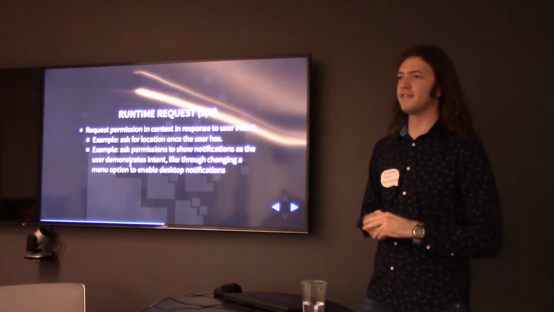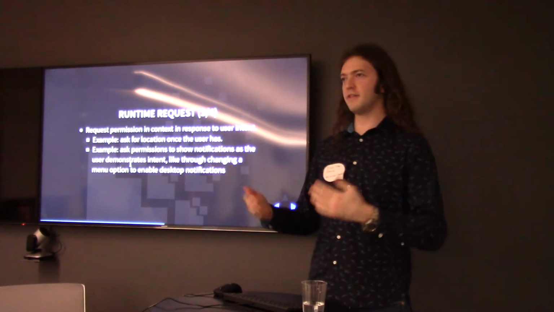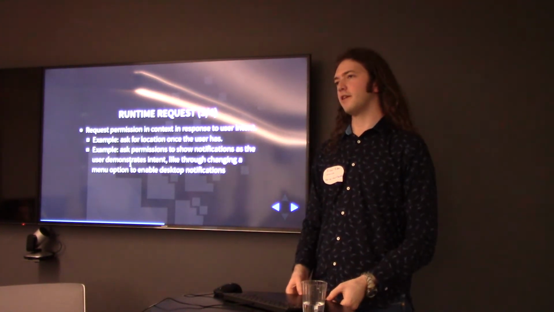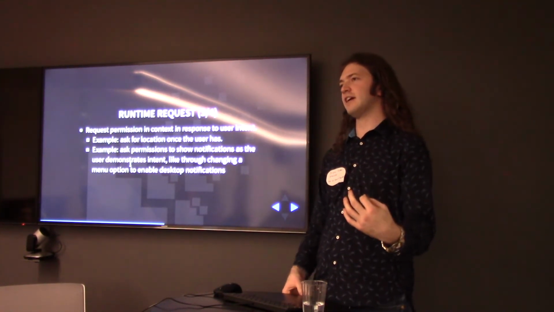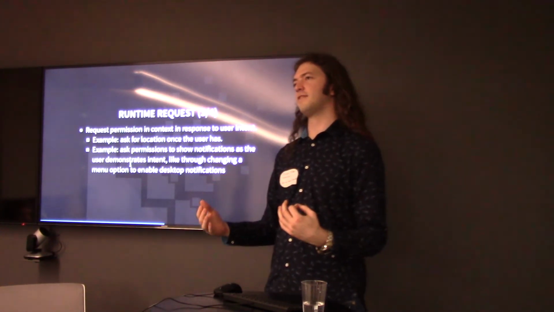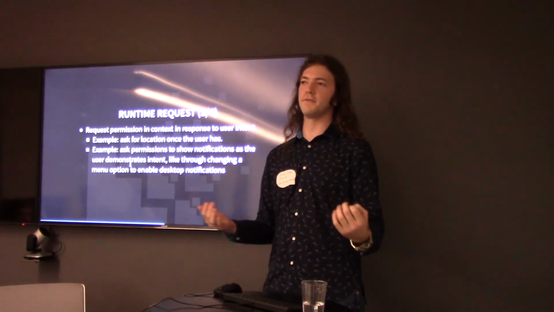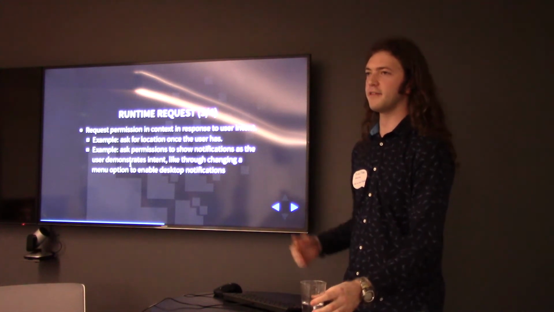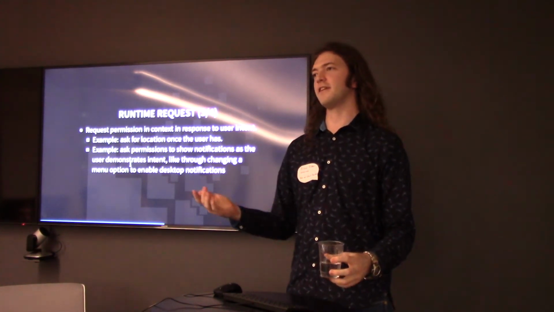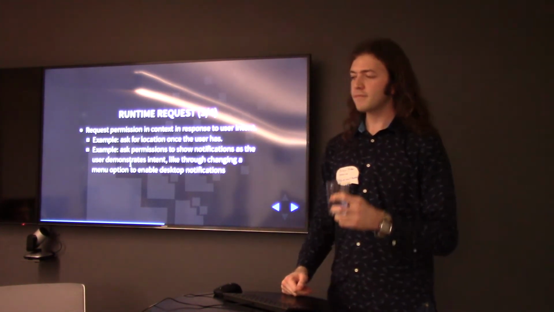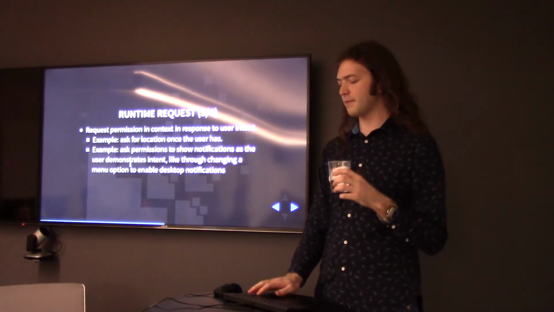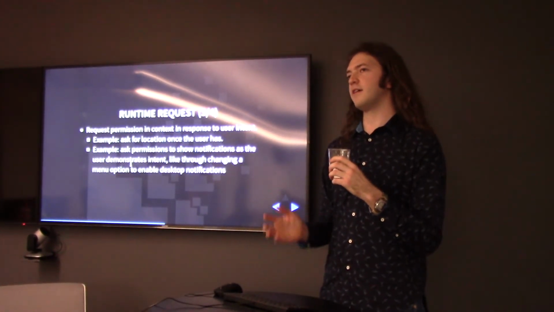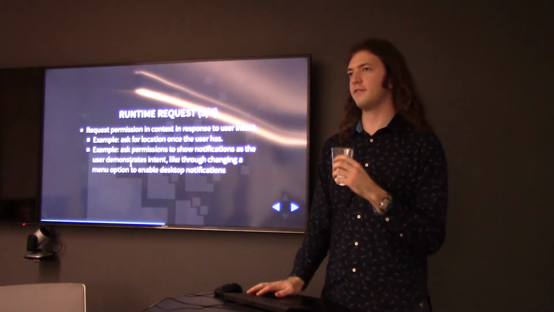That's something that I want. And so this makes sense for users. It's lower cognitive load. But when you're asked without that context, then users are more likely to be confused, become unhappy, deny the request, and then not get to use the great feature that your app has implemented. So runtime requests, the upside is that they give context to the user.